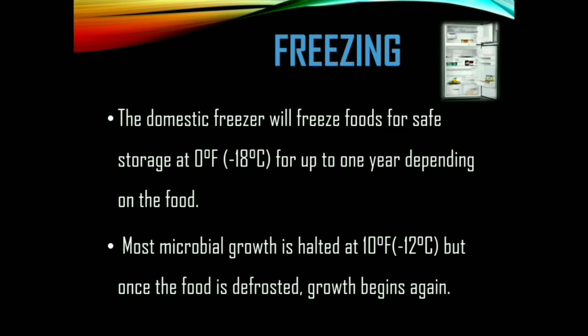The domestic freezer will freeze foods for safe storage at 0 degrees Fahrenheit or negative 18 degrees Celsius for up to 1 year, depending on the type of food. Most microbial growth is halted at 10 degrees Fahrenheit, which is negative degrees Celsius, but once the food is defrosted, growth begins again.